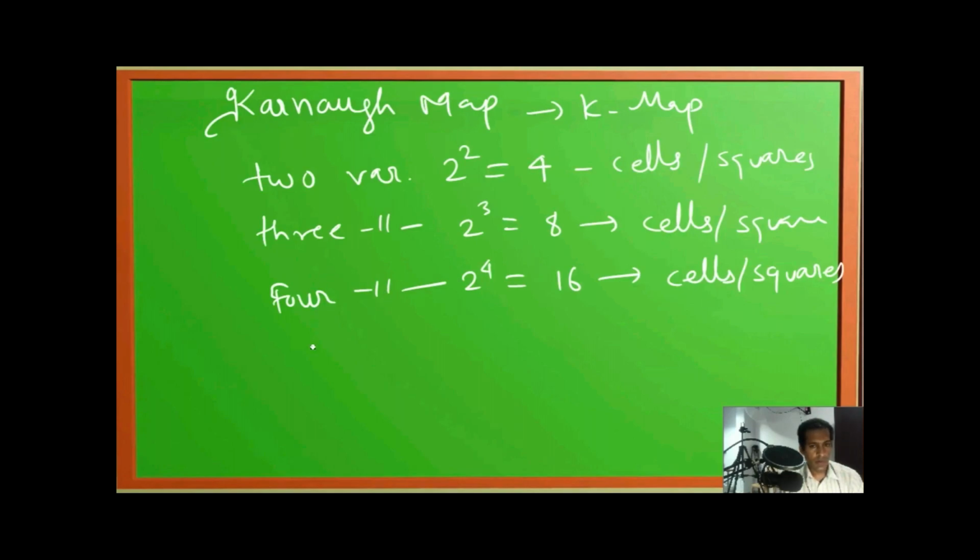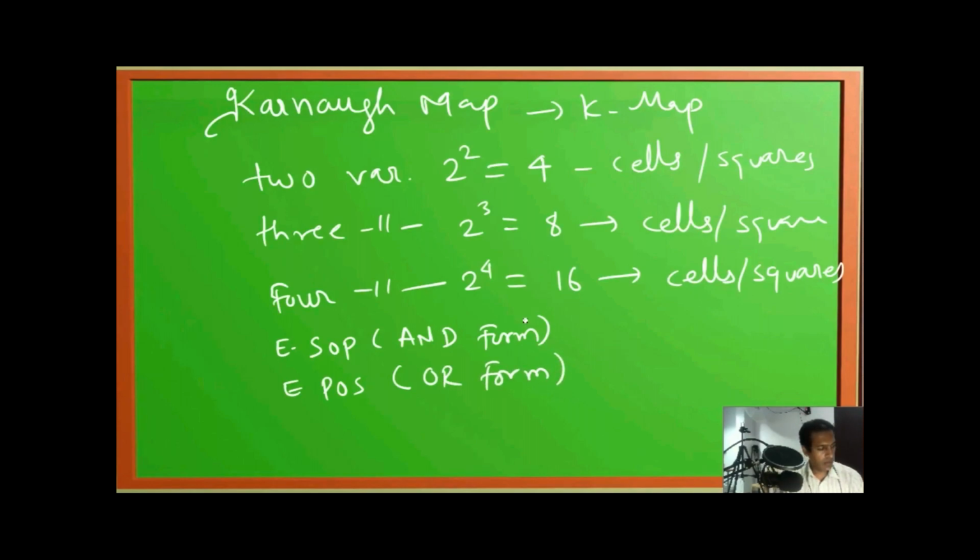Any Boolean expression can be expressed in a standard or canonical or expanded sum of product, that is nothing but AND form, or in a standard or canonical or expanded POS form, that is nothing but OR form.